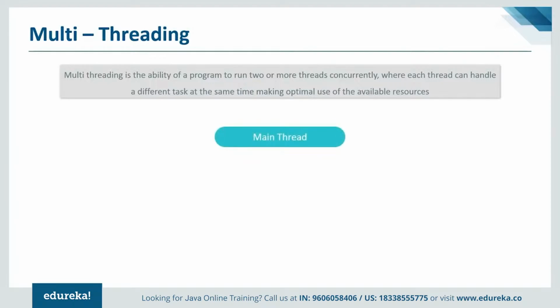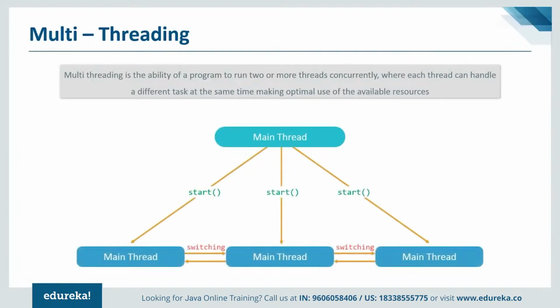Let's say there's a main thread, and the main thread is going to start some child threads, and there can be some switching between these child threads. Because they are going to perform the jobs, time slicing will come into action, where some jobs of thread A will be finished, some jobs of thread B, some jobs of thread C. So there will be switching between the execution of the threads.